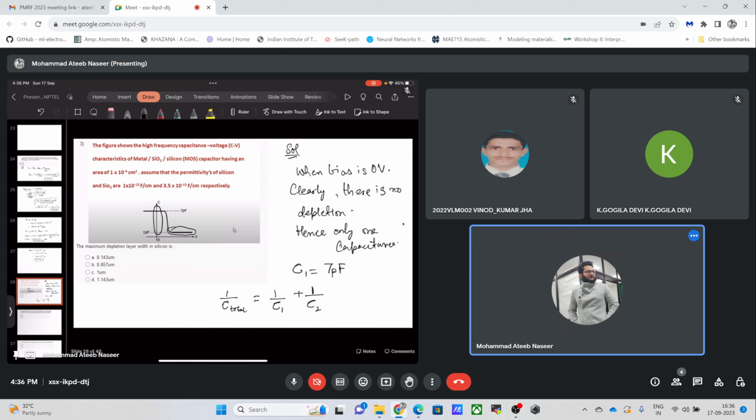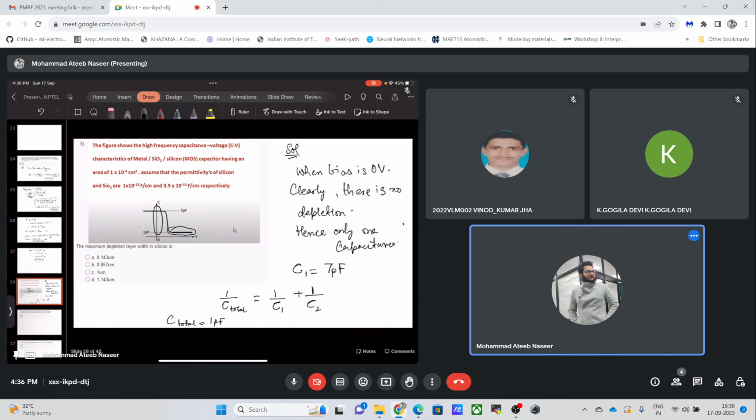Now I know this C total value. Clearly C total is equal to 1 picofarad.